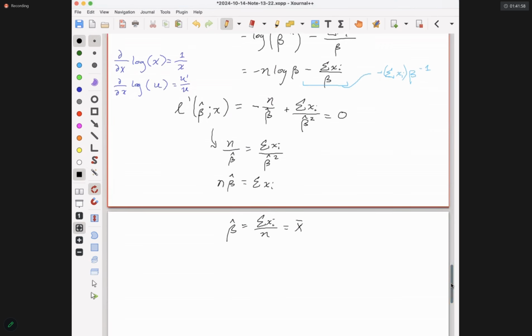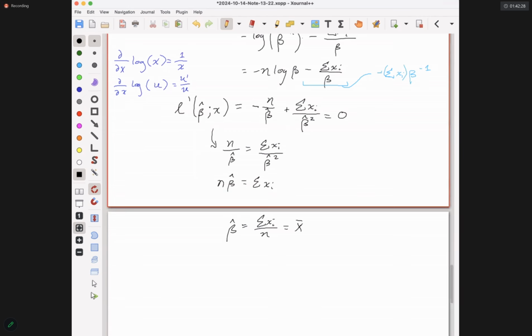Well, we've determined that x bar is the solution to the derivative of the log likelihood being 0, but we haven't determined whether this is a maximum or minimum yet, technically.